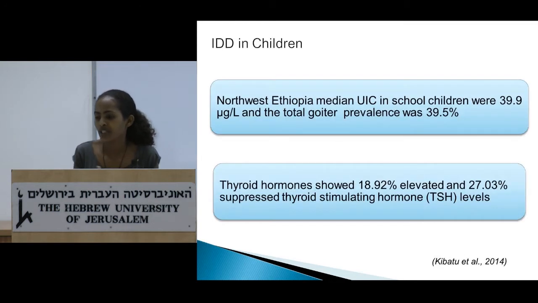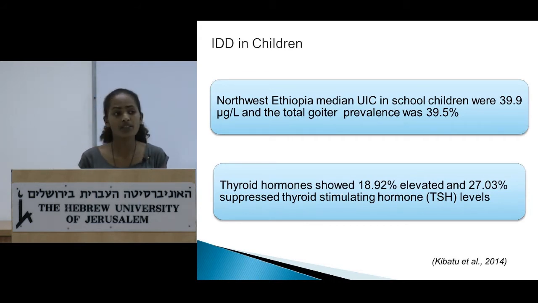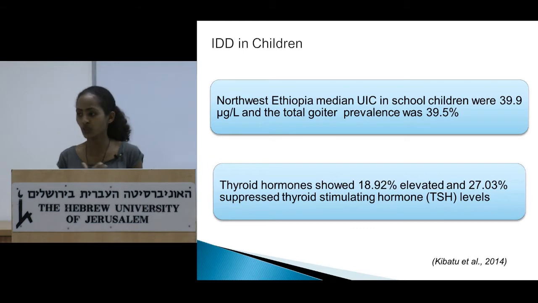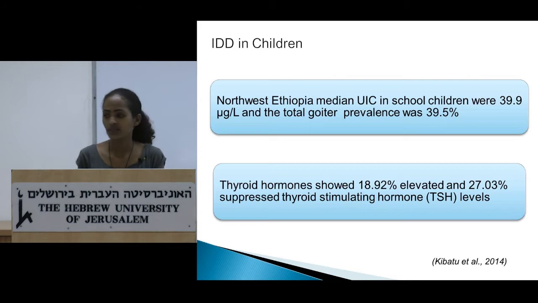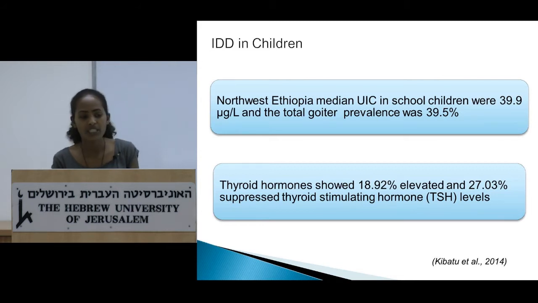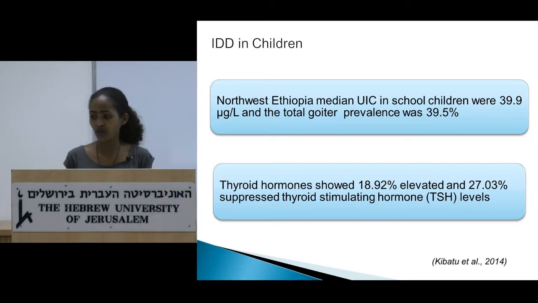Additionally, a research done in northwestern Ethiopia showed a similar trend in the urinary iodine concentration and total goiter rate prevalence. But in this study, they also tried to assess thyroid stimulating hormone. So 80.92% of the children had an elevated thyroid stimulating hormone. That means they had hypothyroidism. And 27% of the children had a suppressed thyroid stimulating hormone.